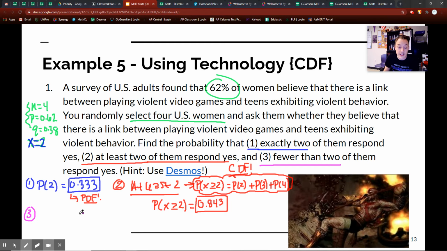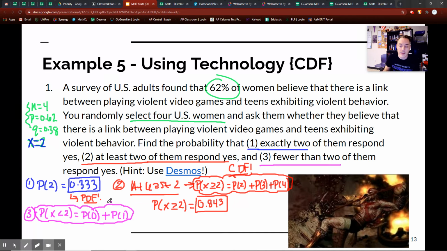So 3, fewer than 2 of them. What is fewer than 2? That means x is less than 2. That means the probability of 0 of them plus the probability of 1. Now, why isn't it equal? Because if I say give me fewer than $5, can you give me $5? No. I would say give me at most $5, and then you can give $5 and above or below.